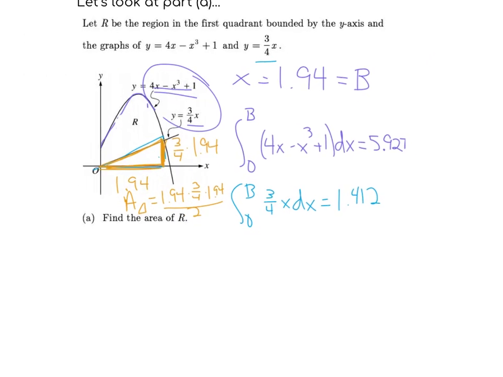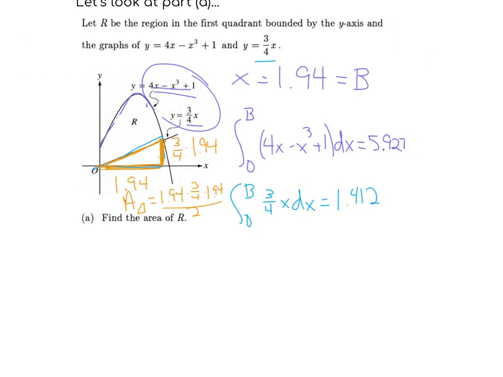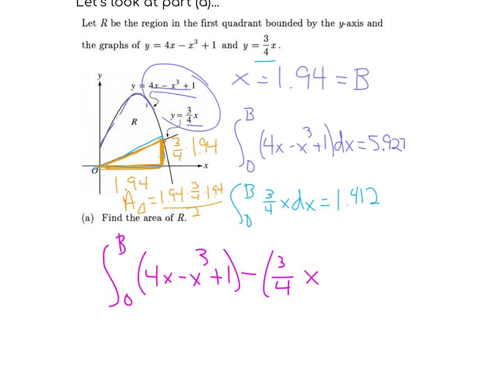Now, if you wanted to, you could also write it as one big integral. You could integrate from 0 to b of 4x minus x cubed plus 1 minus 3/4 x dx. I think I said add them together before, but I should be subtracting them. That was silly of me. I'm subtracting because the purple region, that first region, gives me the whole area.